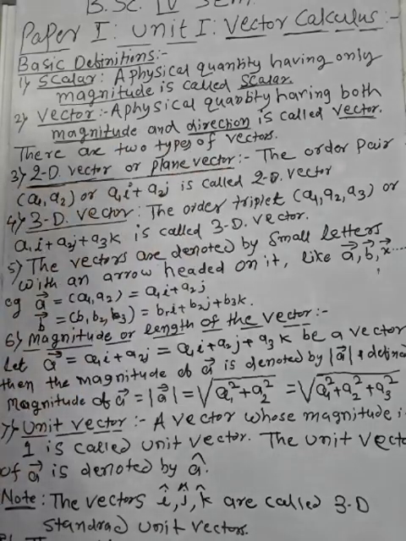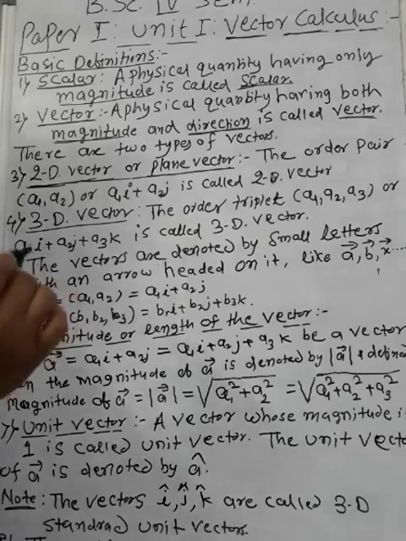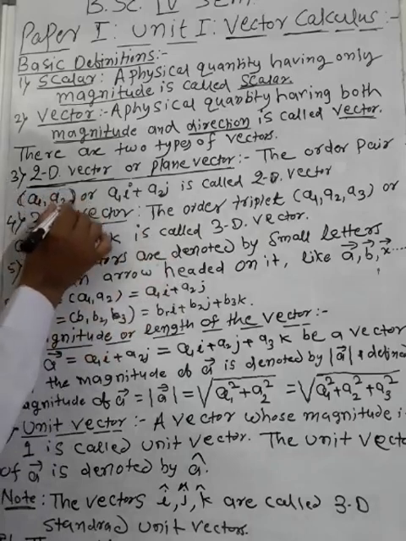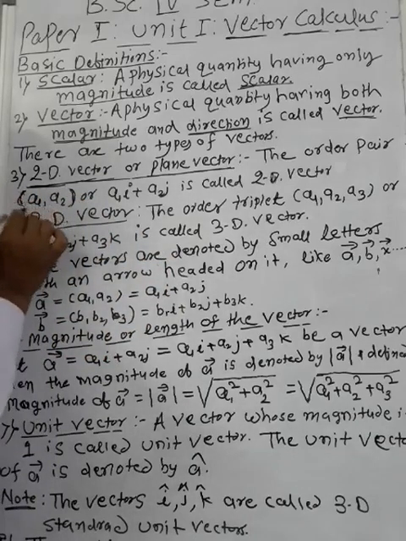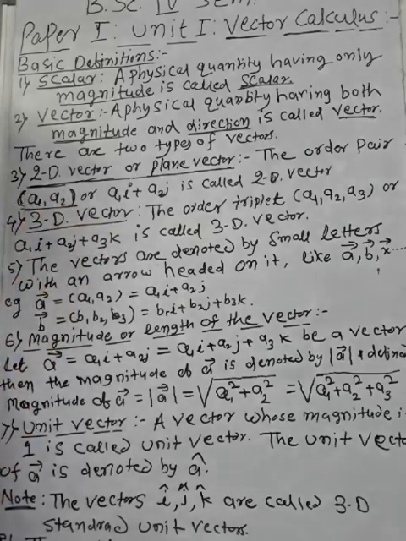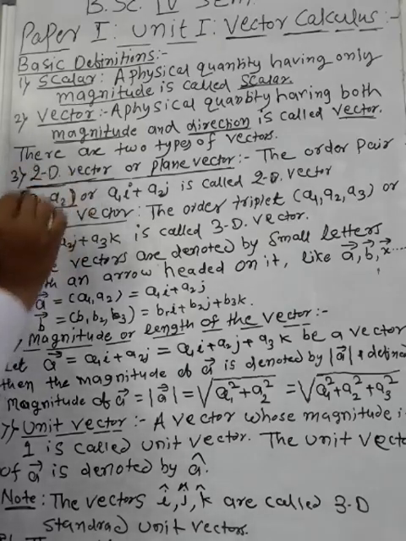In a plane, we know the coordinate of a point is always denoted by an ordered pair, that is, a1, a2 is the coordinate of a point. Hence the ordered pair a1, a2 is a vector in two-dimensional geometry.